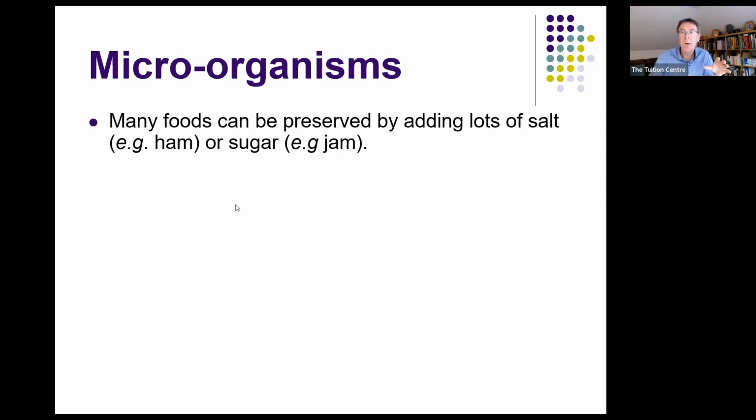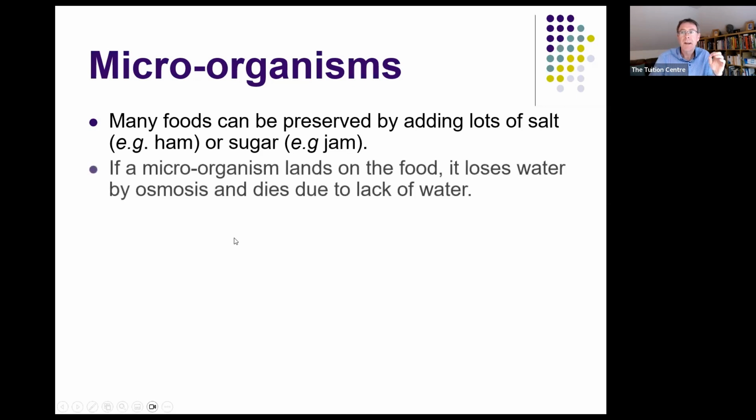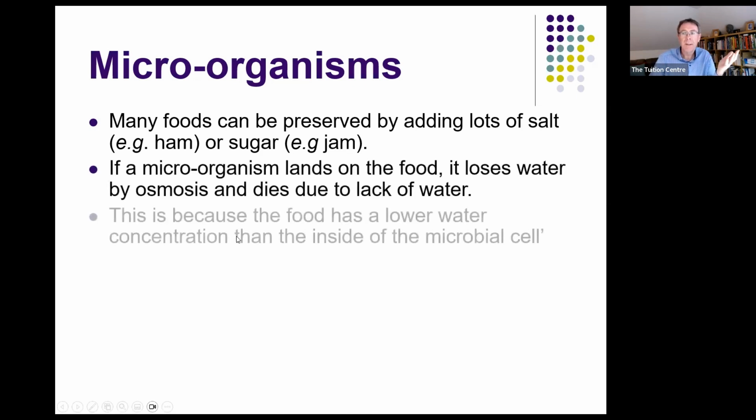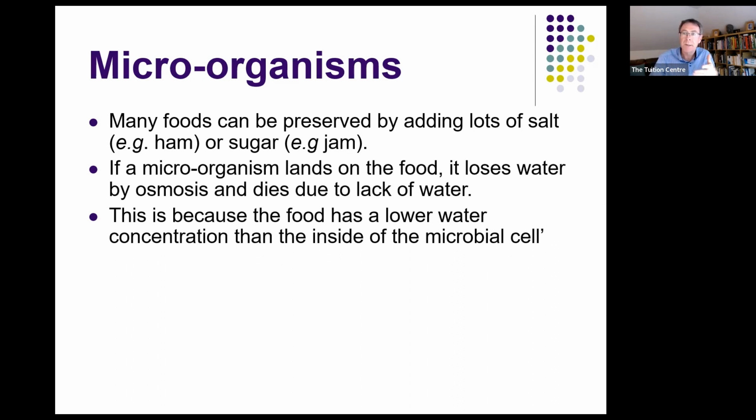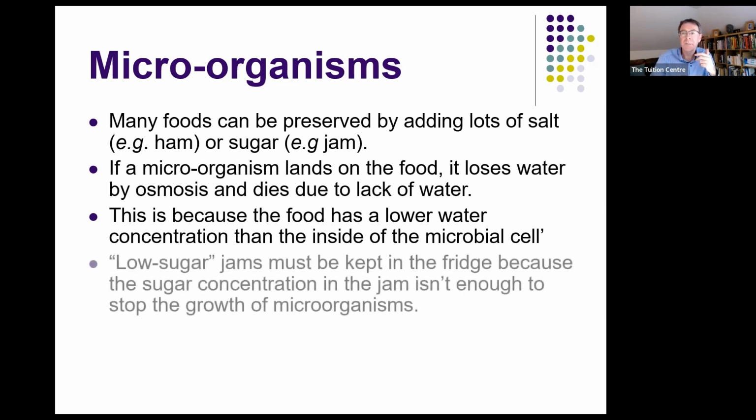So water will leave by osmosis and it'll shrivel up and die. In that way, we can preserve food by either salting it or adding loads of sugar. So hams and jams, right? And so bacteria in general, microorganisms don't do well. And therefore, that's a good way of us preserving our food.